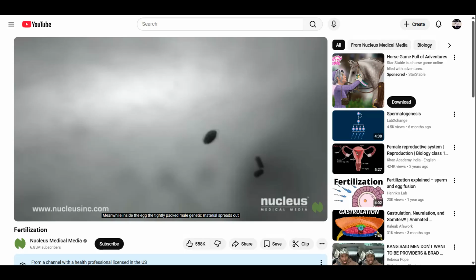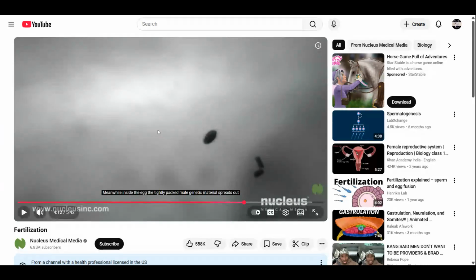So the only thing it did was to inject the DNA into the egg, exactly like the bacteriophage. So it's carrying just the DNA.